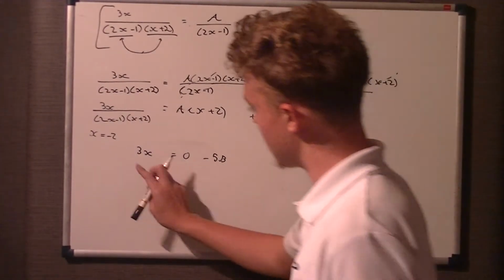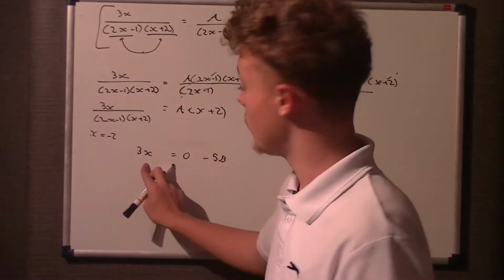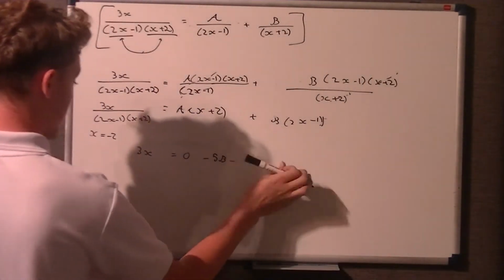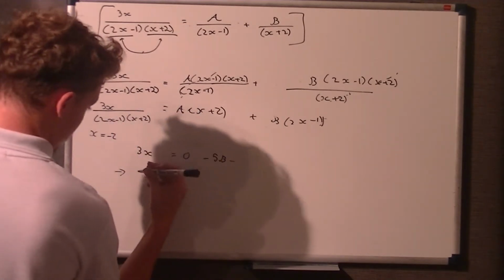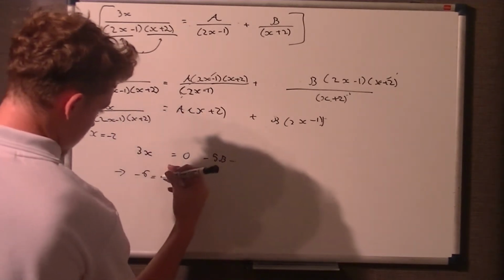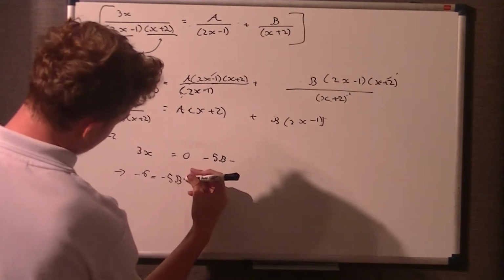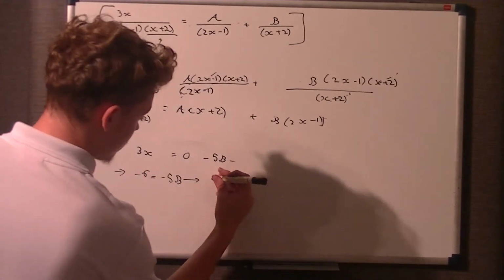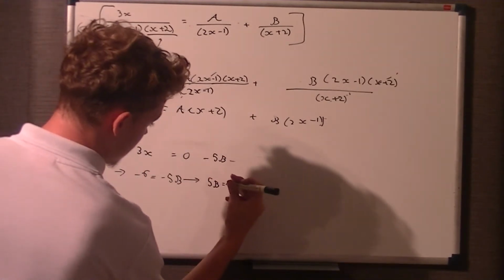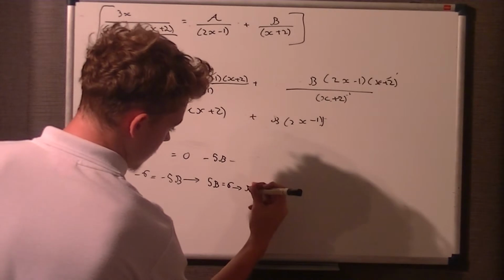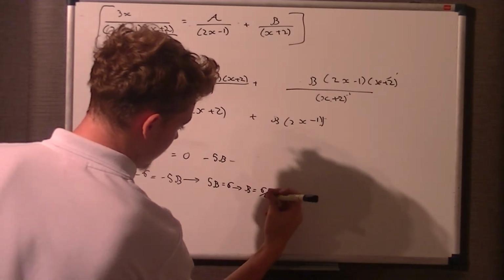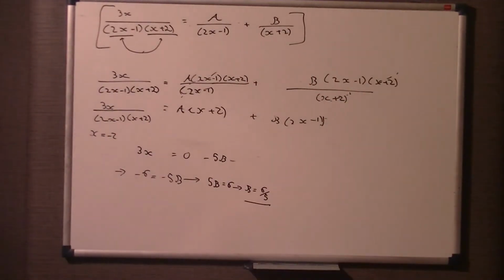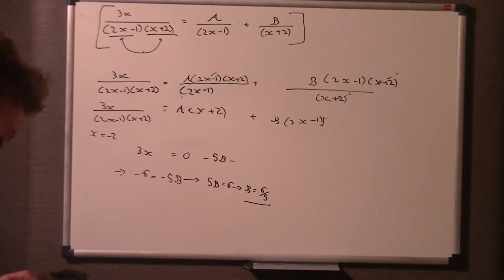And if x is minus 2, we put 3 times minus 2, so that becomes 3 times minus 2, minus 6, equals minus 5b. And if we swap them around so they both become positive, or times them both by minus 1, that becomes 5b equals 6. Therefore b equals 6 over 5. And that gets you your answer, which I think is 1.2, is it? Unless I'm being absolutely mad.